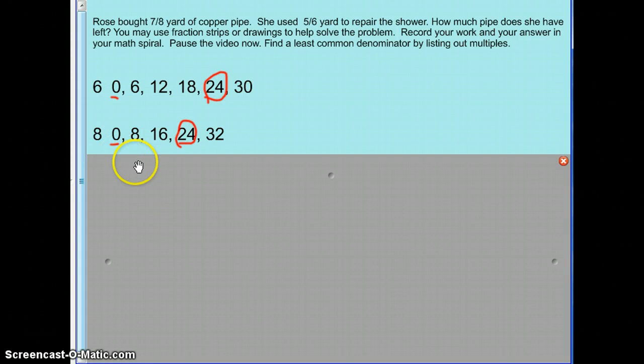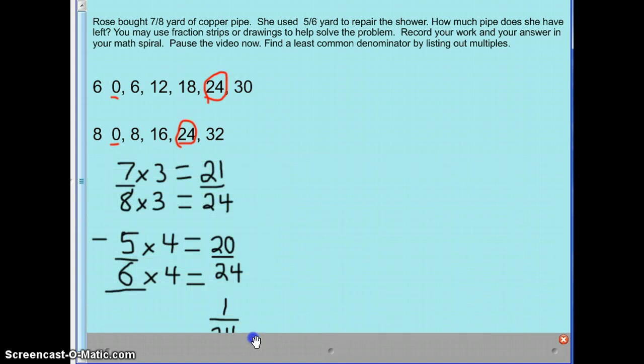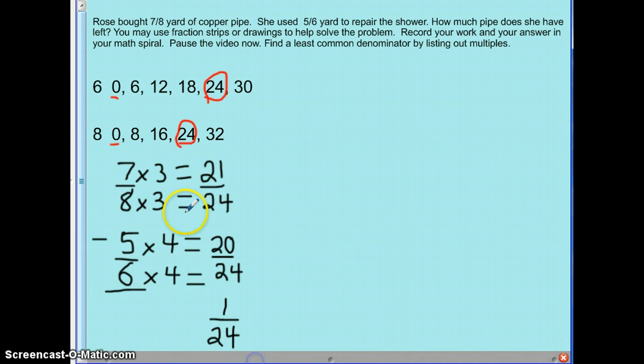Okay, the least they have in common is 24. So the least common multiple is 24, which makes your least common denominator 24. So I put 24 across from 7/8. 8 times what is 24? It's 3. So I multiply my denominator by 3 and my numerator by 3.